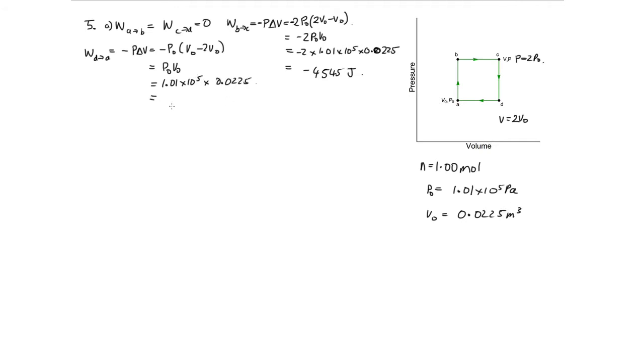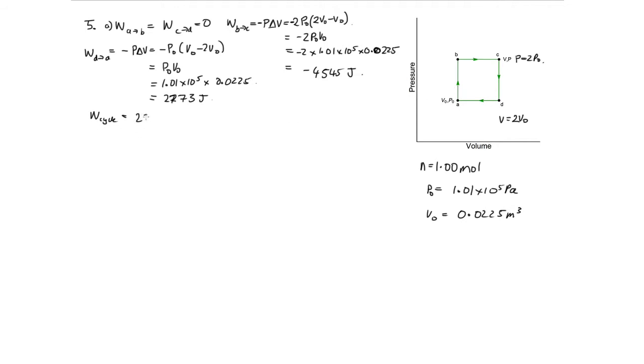Solving this one, we end up with 2,273 joules. Okay, so for our work done around the cycle, we just need to sum up the work along each path.